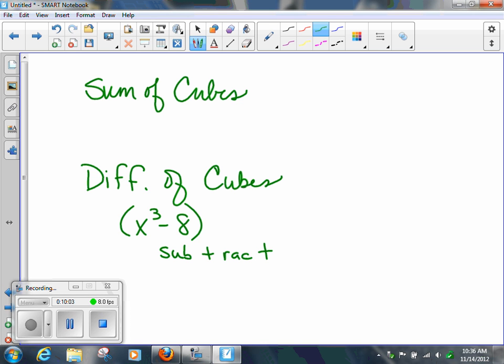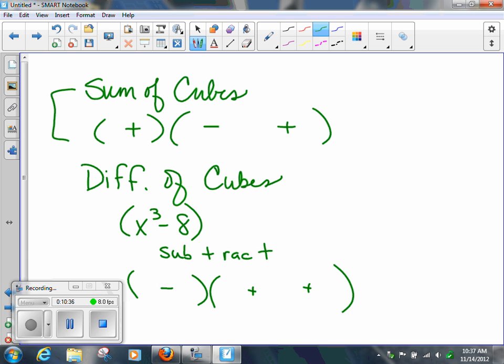This is so dumb, but it helps me. Minus, plus, plus. I look at the word, but it helps me. And if I know that this is subtract, then this one has to be plus, minus, plus. This is the one I know, and then I default back to this. Sum of cubes is this, up here.